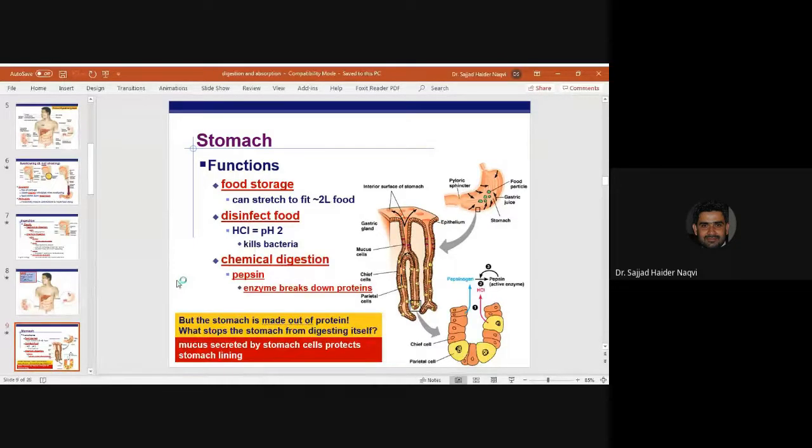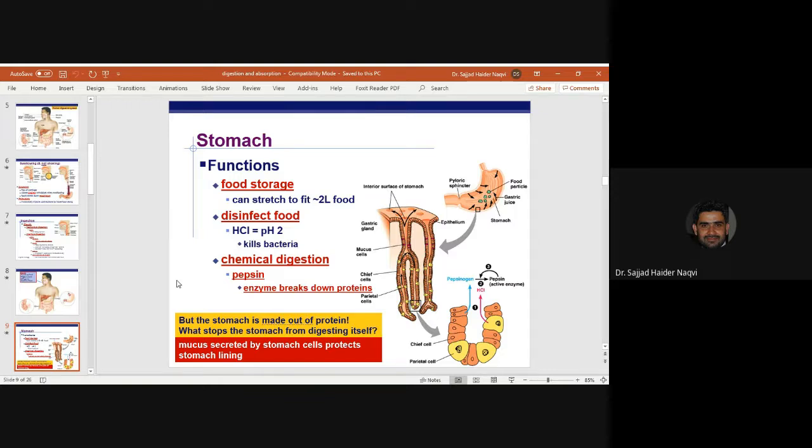In contrast, if someone eats very little, the size of the stomach starts to shrink to accommodate that. So the stomach can accommodate large or small amounts of food depending upon the dietary habit of an individual. But as I said, on average, it fits 2 liters of food.